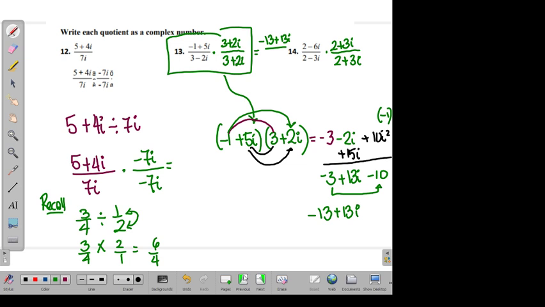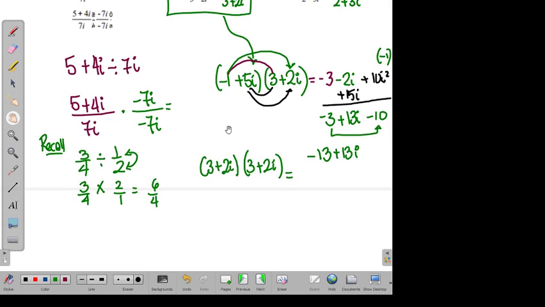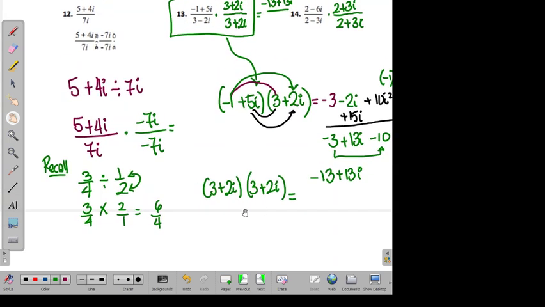Now let's do the bottom. The bottom is 3 plus 2i times 3 plus 2i. See if you can figure that one out. Don't forget to multiply this, that, these two, and those two.